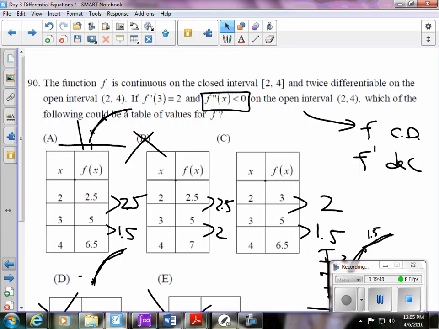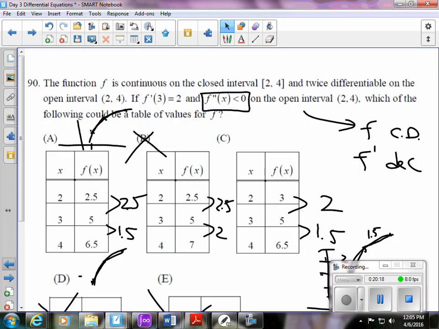We're looking at which one of these could the slope right at 3 be 2. Oh, see, the reason this one's not going to be good is because the average rate of change is 2 between the second 2 points, which means the actual slope of the tangent would have to be 2 at some value of x between 3 and 4. It couldn't be at 3. At 3, it'd be greater. So this is the only one.